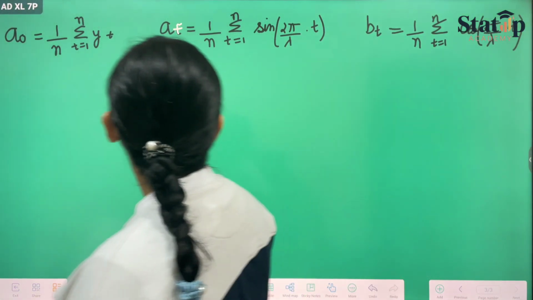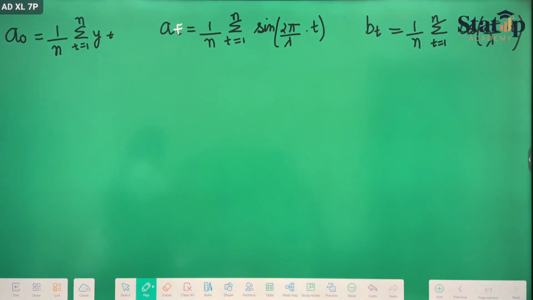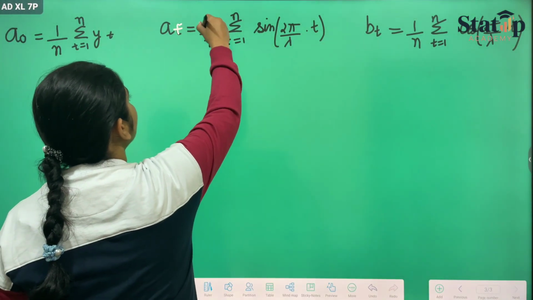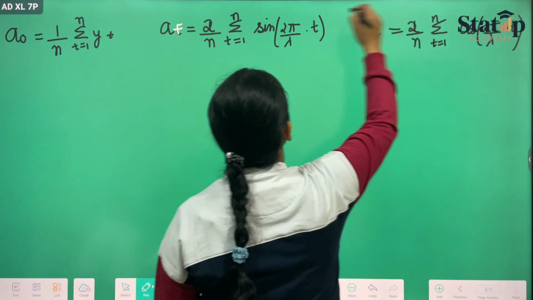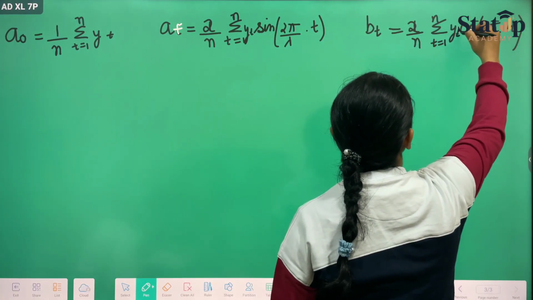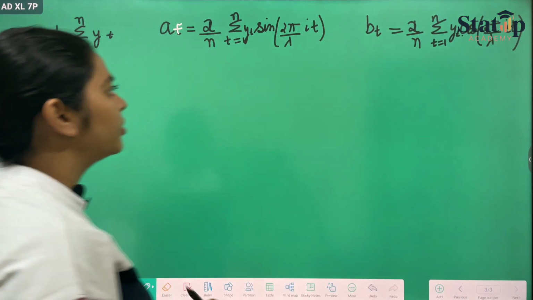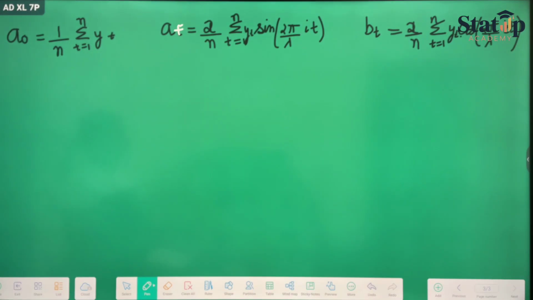So these are the three variables which we considered before. Here these will be 2 by n, and the summation also includes Yt. So these will be the 3 points that we did.